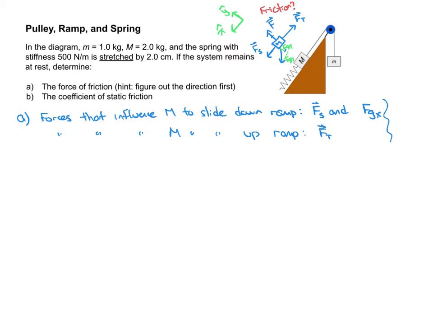So the force of tension, that's actually going to be related to the other block. So the other block that's just hanging there, it's hanging by the same string. So if it's going to be at rest, then the force of tension is going to equal mg of that block.